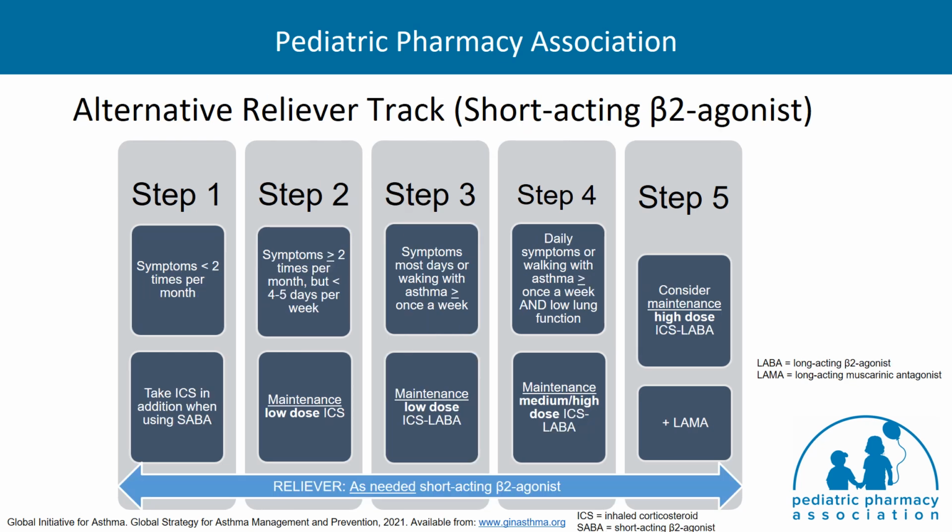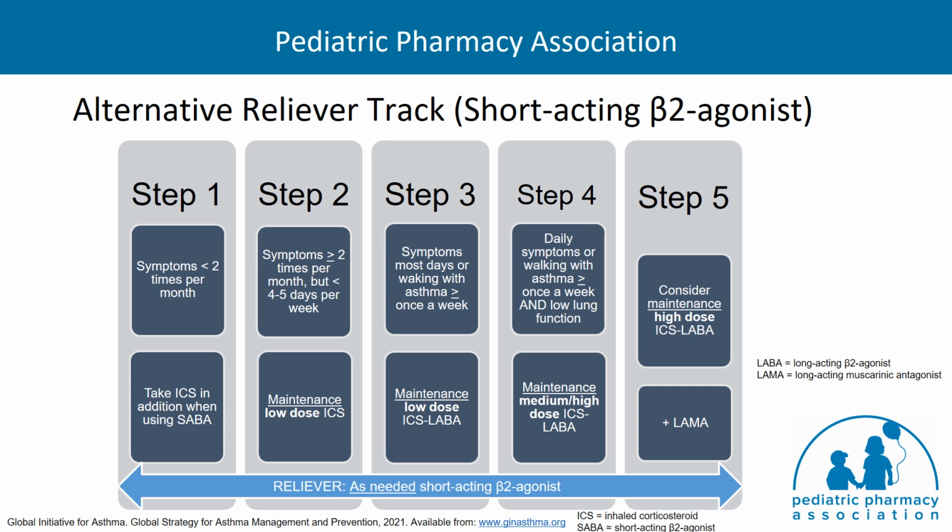The alternative treatment track is recommended if the preferred treatment track is not possible, or if the patient is currently controlled and not experiencing exacerbations on their current regimen. Note, in this approach, a short-acting beta-2 agonist is used as the reliever, and an ICS long-acting beta agonist therapy is not introduced until step 3 or moderate asthma classification.